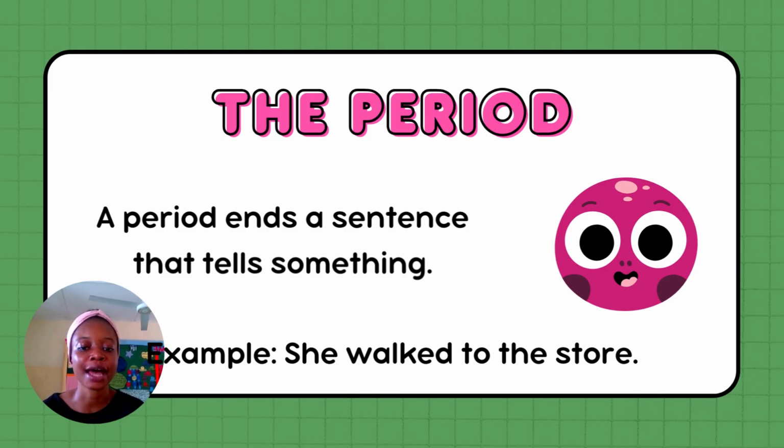So periods are basically used at the end of every sentence. Like the example you have on the screen, she walked to the store. You can see the period is used at the end of the sentence there, after store. This is telling us that that is the end of that sentence. So period is a very essential punctuation mark we use in writing that tells us that this sentence has come to an end.